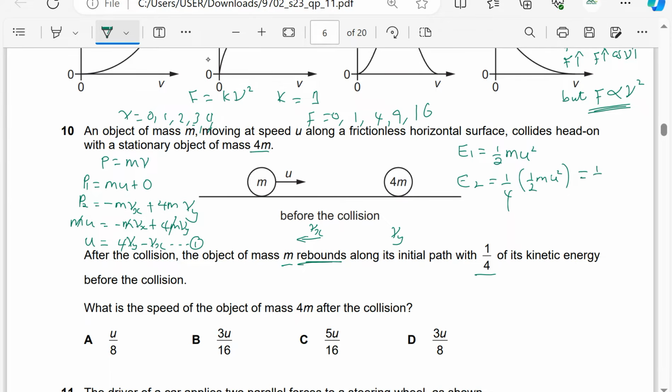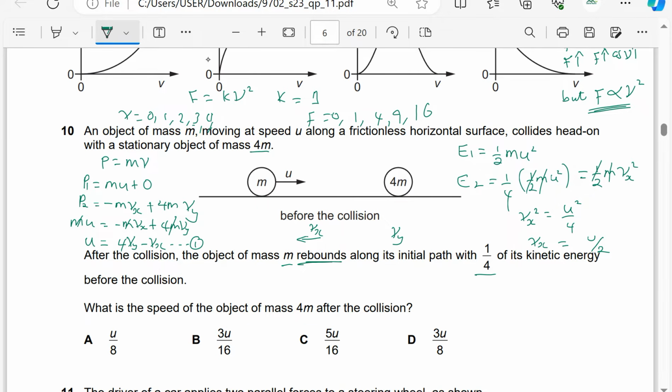So m cancels out, a half cancels out, and I remain with Vx squared equals u squared divided by 4. When I find the square root, Vx is u divided by the square root of 4, which is 2. So the final velocity of the mass m after collision is u divided by 2.